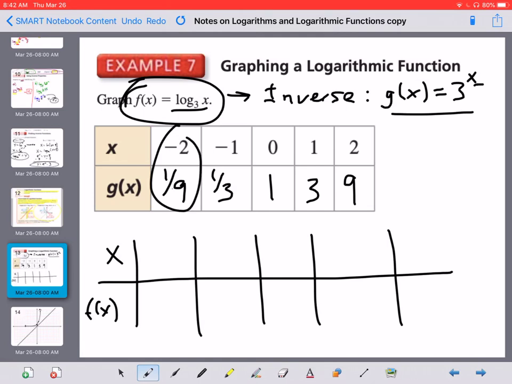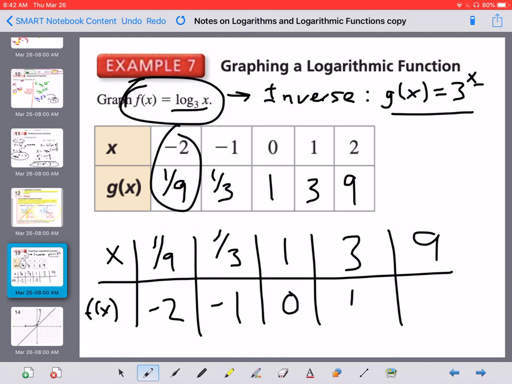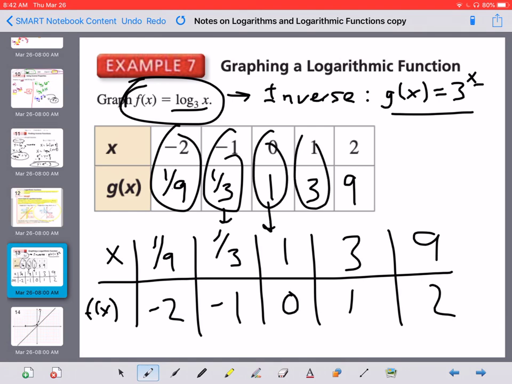So now x is 1/9, f of x is negative 2, and then so on and so forth. So 1/3, 1, 3, 9, negative 1, 0, 1, and 2. All I did was switch each pair and put them here.